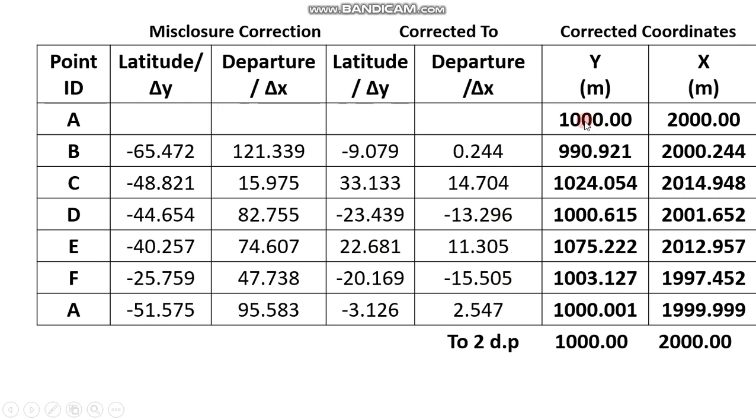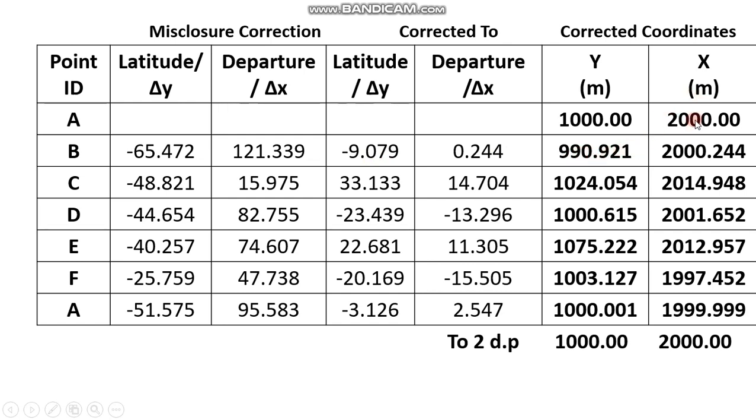Then now we say our known point is A. We put it here with the coordinates 1000 for y, 2000 for x. Then we want to get the actual coordinates for the rest of the points. We say 1000, we add negative 9.079 to find the y coordinate for B. We get 990.921.